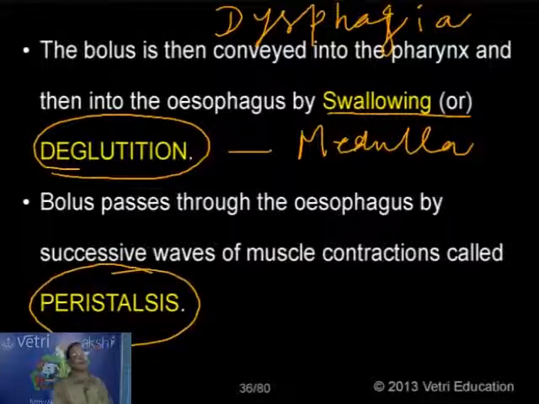In the esophagus, we have alternate constriction and expansion of the food tube.